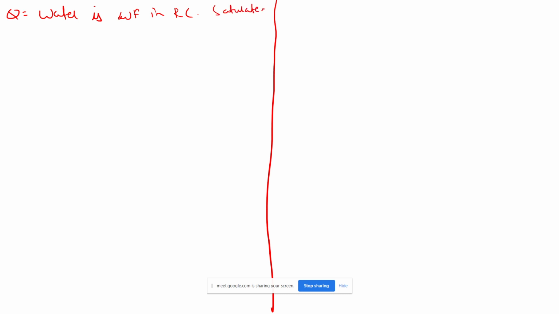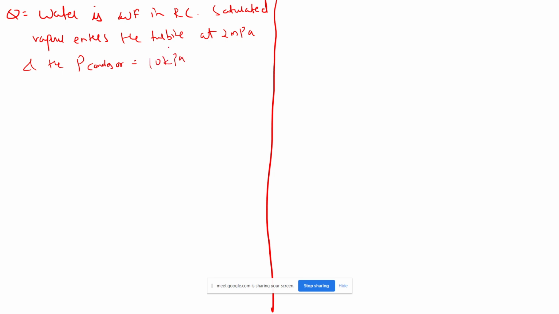Saturated vapor enters the turbine at 2 megapascal pressure, and the condenser pressure is given as 10 kilopascal.